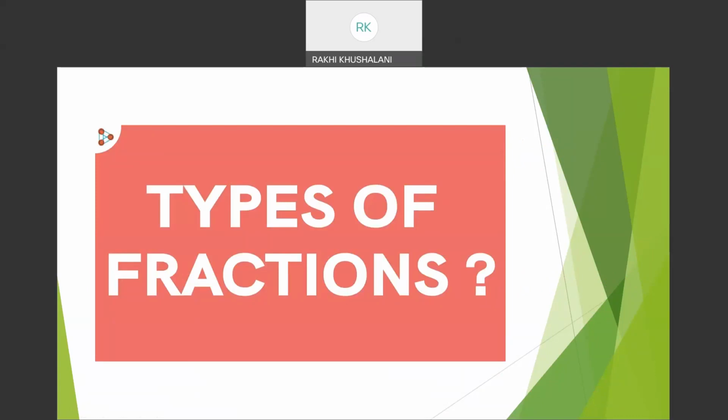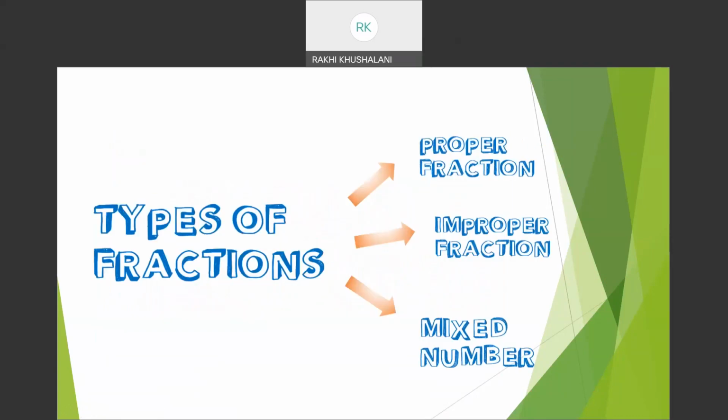In this we will come back again to types of fractions. Types of fractions. It's very important. There are 3 types of fractions. See children, a unit fraction is a fraction that is representing 1. There is no type in it. It's a fraction where I'm talking about one piece.